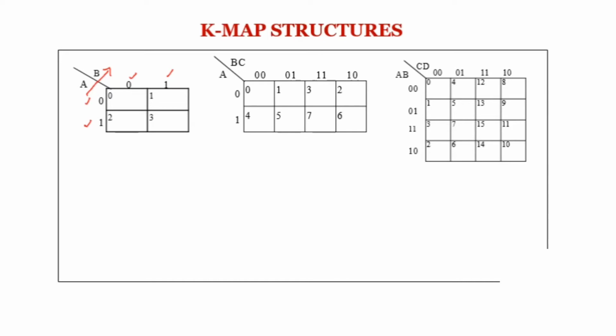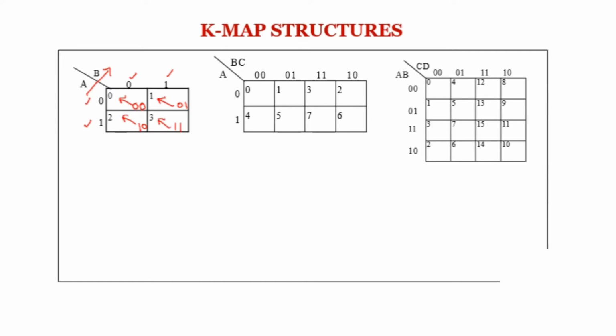So if we label these structures, this will have the address 00 and this will have the address 01. Similarly this will have the address 10 and this will have the address 11. Now this 00 is equivalent to your 0, this 01 is equivalent to your 1, this 10 is equivalent to your 2, and similarly this 11 is equivalent to your 3.